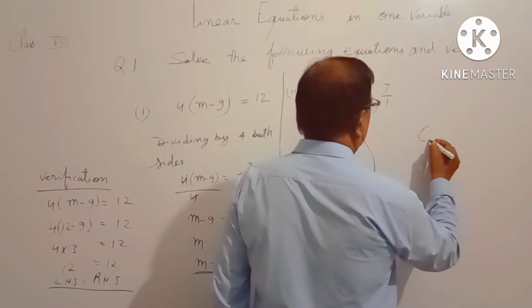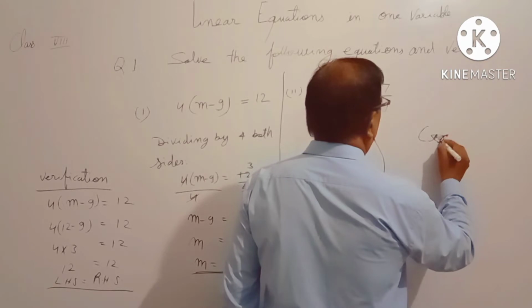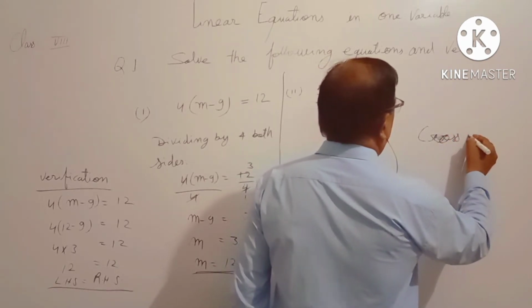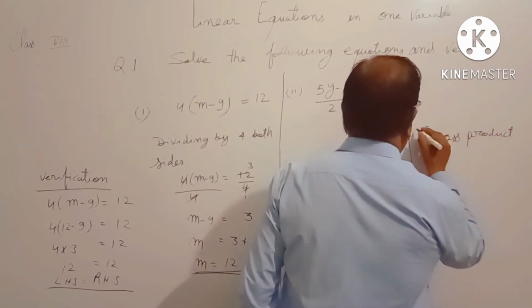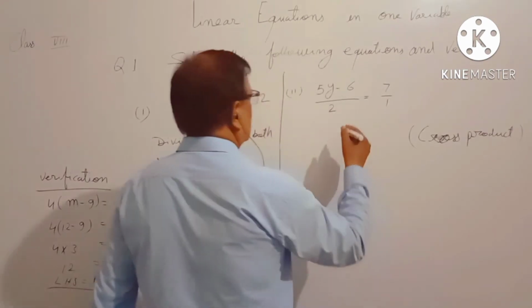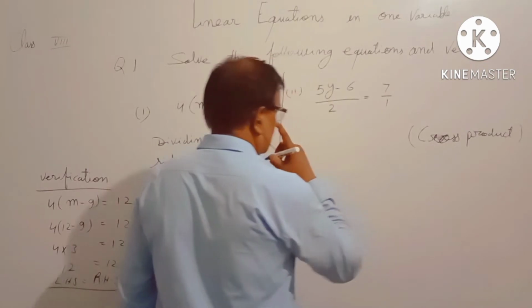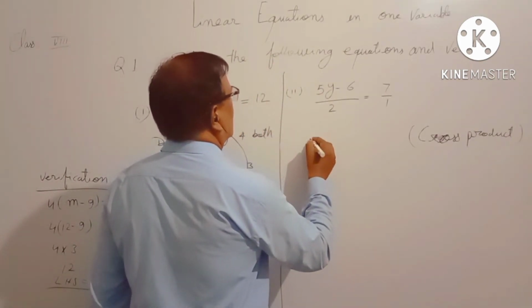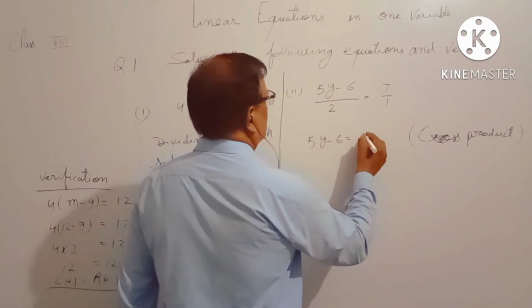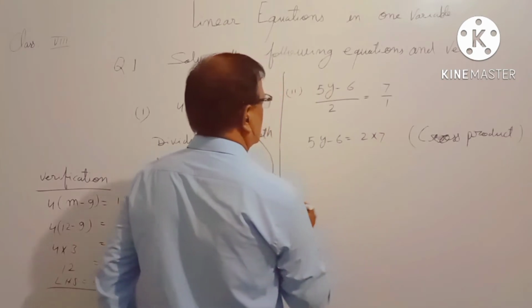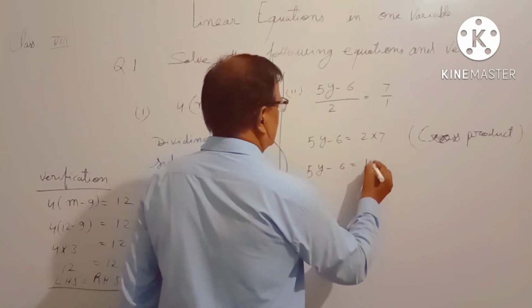Cross product, which in Hindi we call tirchha guna. Now 5y minus 6 equal to 2 into 7. Now we see 5y minus 6 equal to 14.